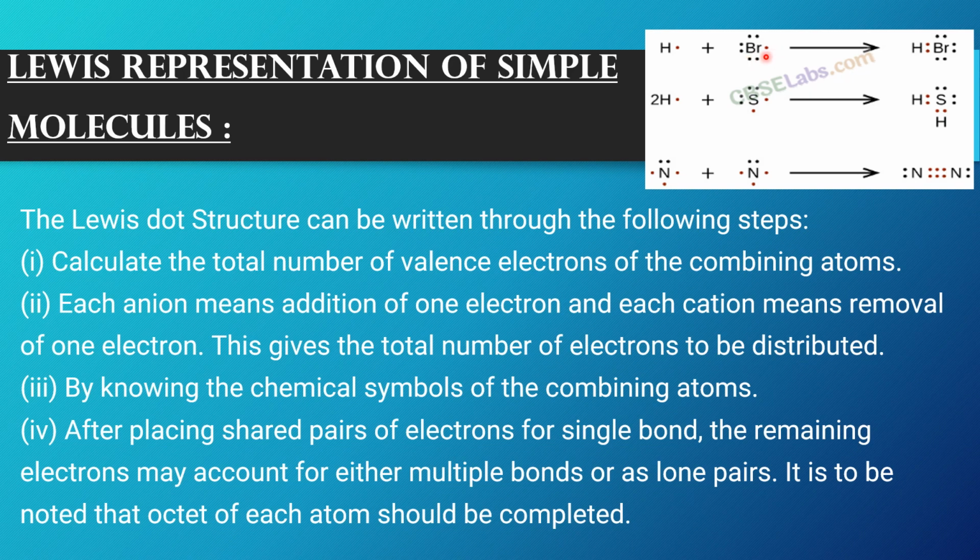So this is how the Lewis dot structure is represented. Hydrogen contains only one valence electron in the outermost shell. Sulfur contains 6 electrons in its outermost shell. Nitrogen contains 5 valence electrons in its outermost shell. So this is the dot structure for nitrogen, hydrogen, sulfur, and bromine.